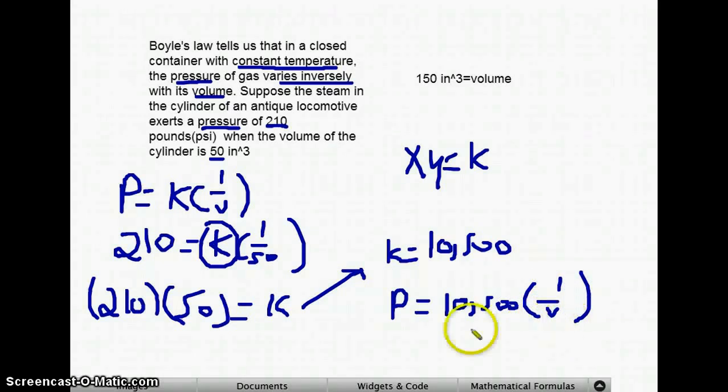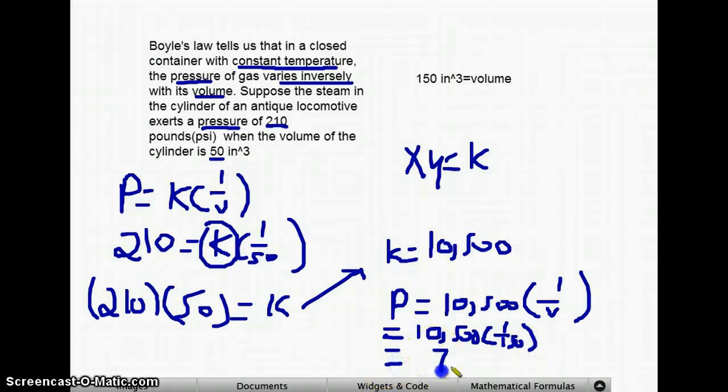So this would equal 10,500 times 1 over 150, which would equal 70 PSI, because we're trying to find the pressure, and the pressure is in PSI right there.